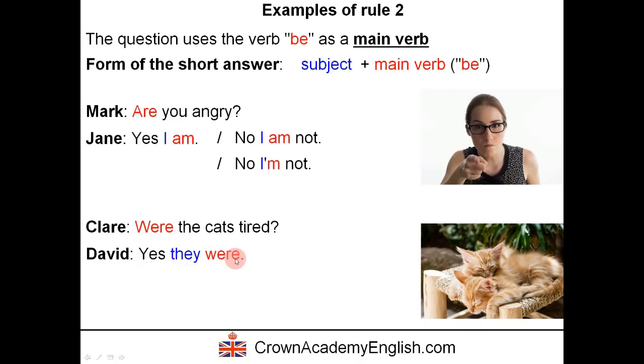Yes, they were. And this is the main verb, the verb be, in the past simple, third person plural. Or, no, they were not. Or, no, they weren't. So this is the contracted form.